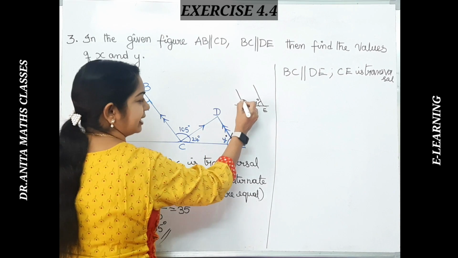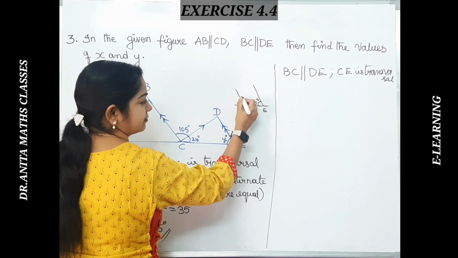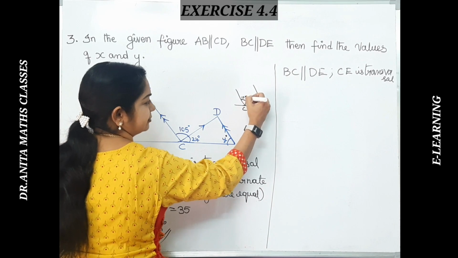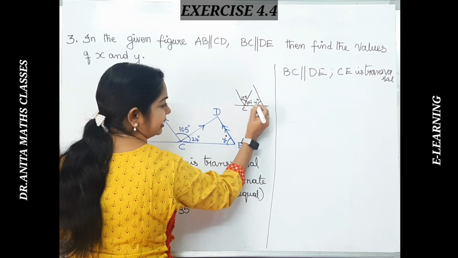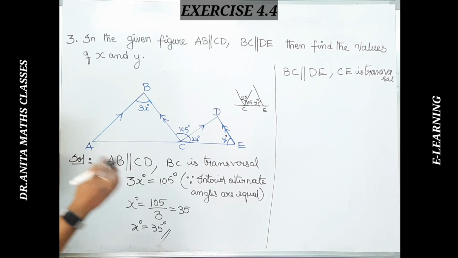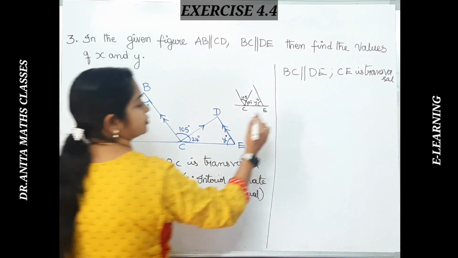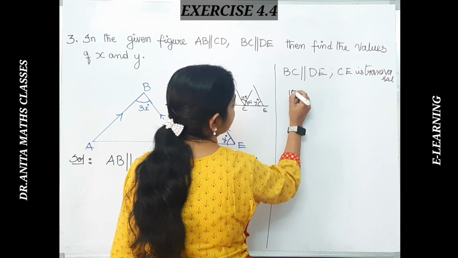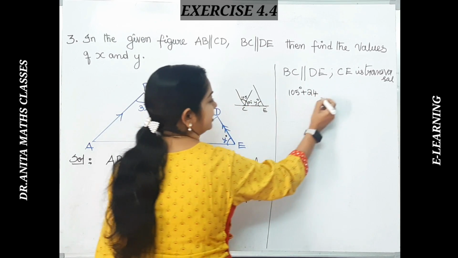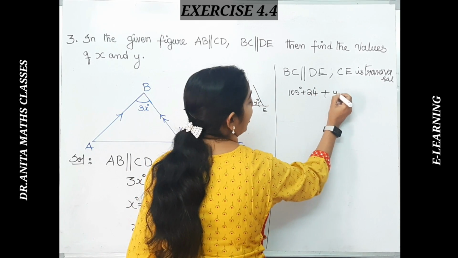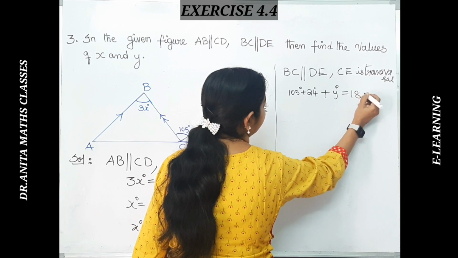So this complete angle, which has 105 and 24 degrees, and this angle form the interior angles on the same side of the transversal. So 105 plus 24 degrees, this complete angle, plus y degrees is equal to 180 degrees.